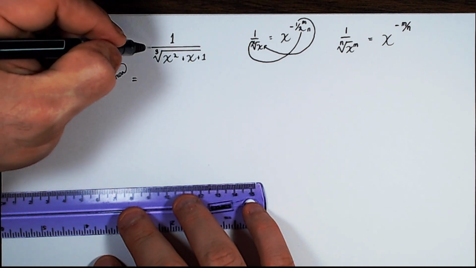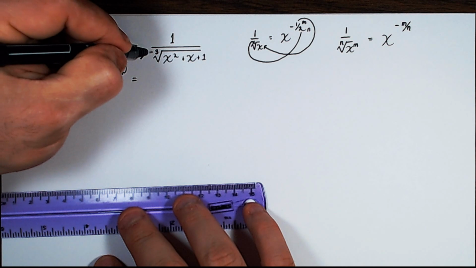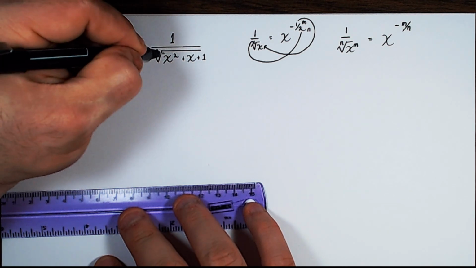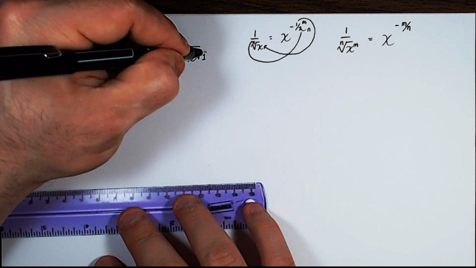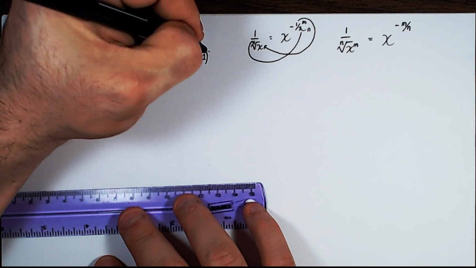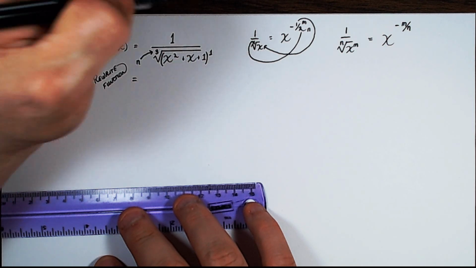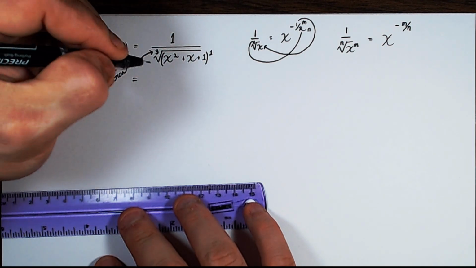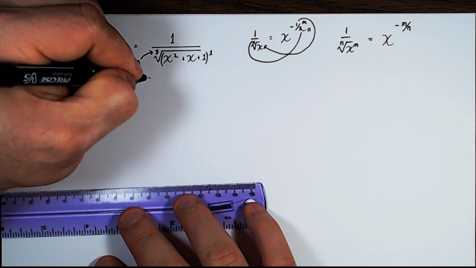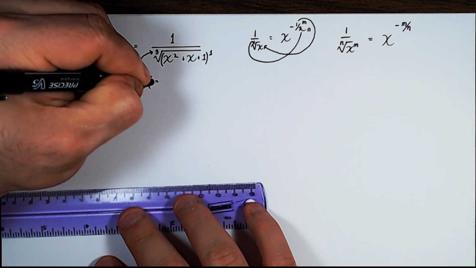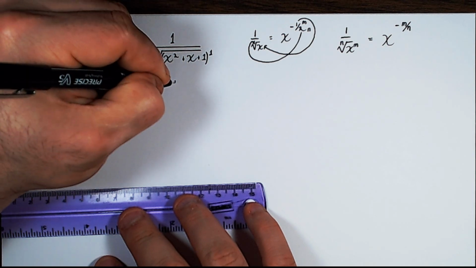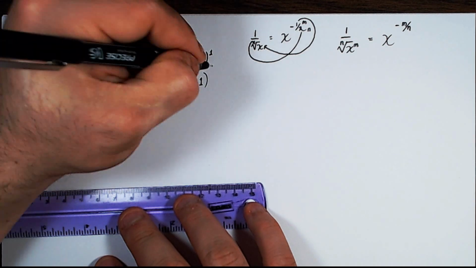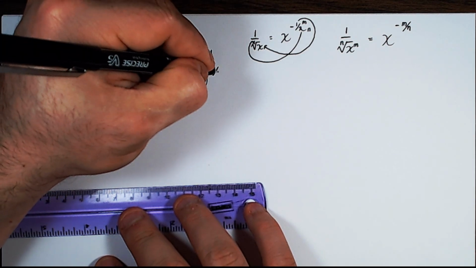So here the 3 becomes the denominator. The 3 is going to be the n, and then this whole quadratic in here is raised to the first power, so it's going to be raised to the negative 1/3. So here's our new expression: x squared plus x plus 1 raised to the negative 1/3 power.